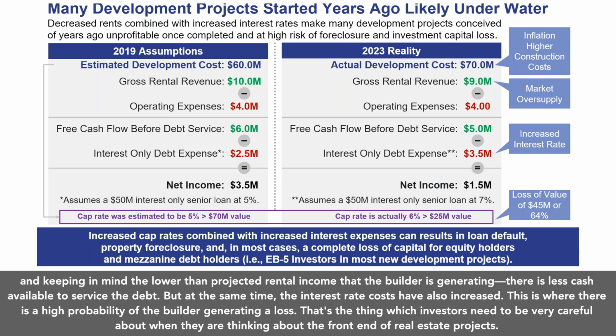But at the same time, the interest rate costs have also increased. And this is where there is a high probability of the builder generating a loss. That's the thing which investors need to be very careful about when they are thinking about the front end of real estate projects, basically.